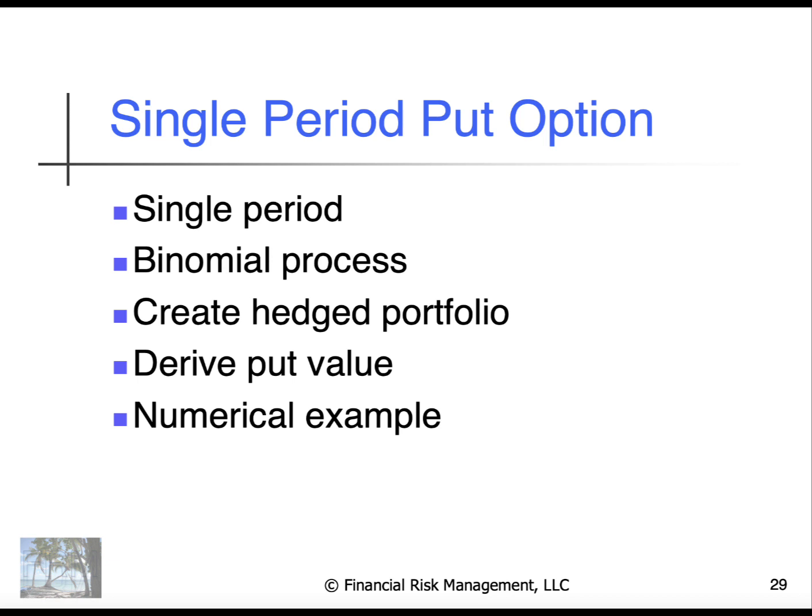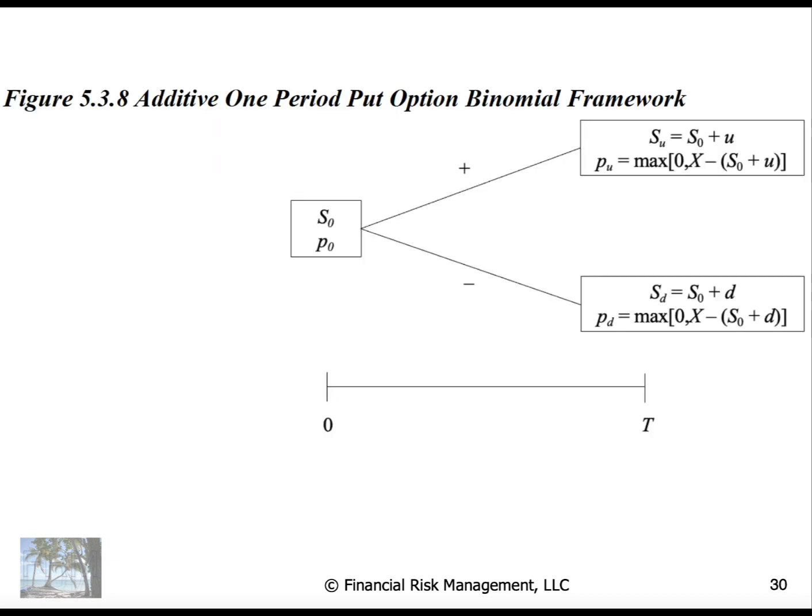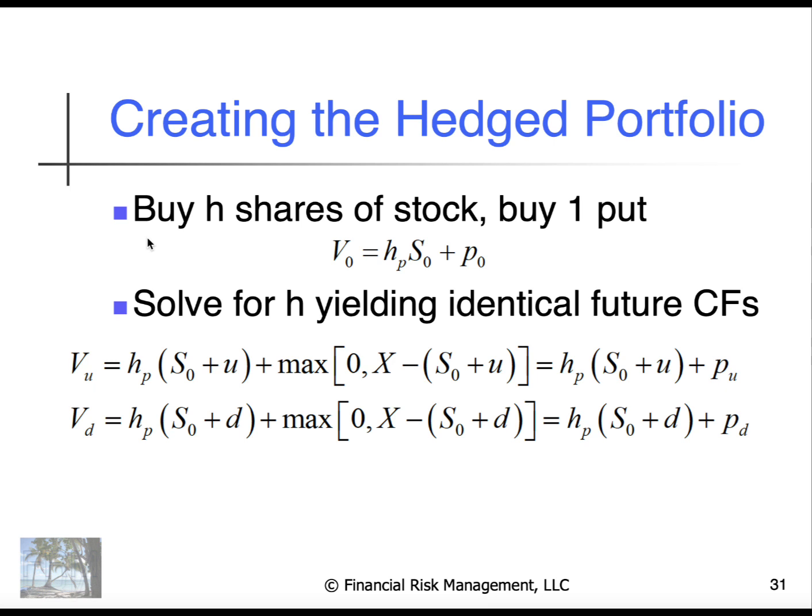Single period put is going to be structured in much the same way, so I'm going to quickly go through this. Again, if up occurs, the put value goes down. That's because S plus U is higher than S plus D. And so from that, we can build a hedged portfolio by buying delta shares of stock and buying 1 put.